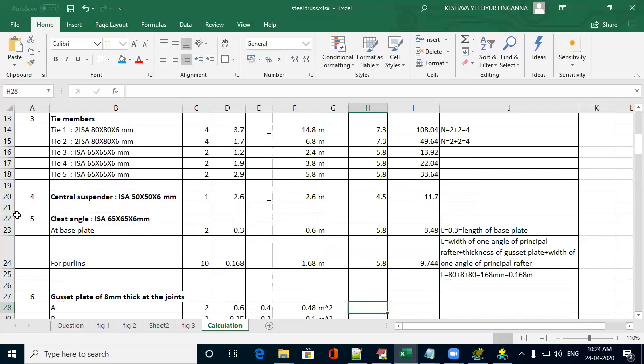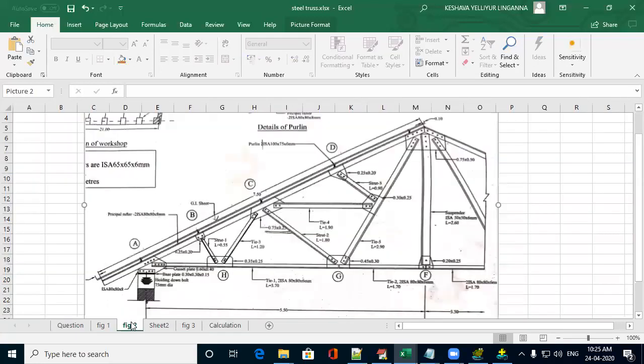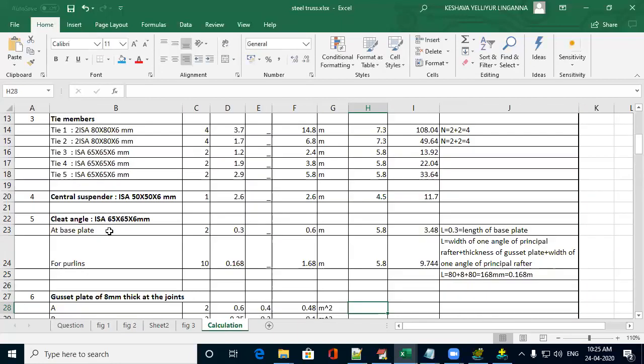Coming to the cleat angle, as I said, the cleat angle will be in two places. One is at the base plate and another is at the purlins. At the base plate, the cleat angle will be here. So what will be the length of the cleat angle? It will be the same as the base plate. What is the length of the base plate? It is 0.3. So the length of the cleat angle at the base plate will be 0.3.